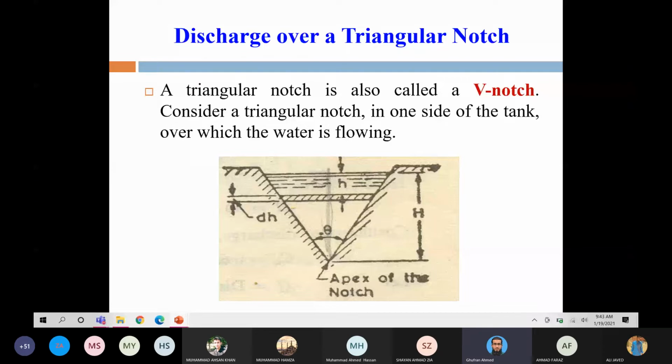But while we are considering the strip, we need to find the width of the strip. So this is h, this is total H.